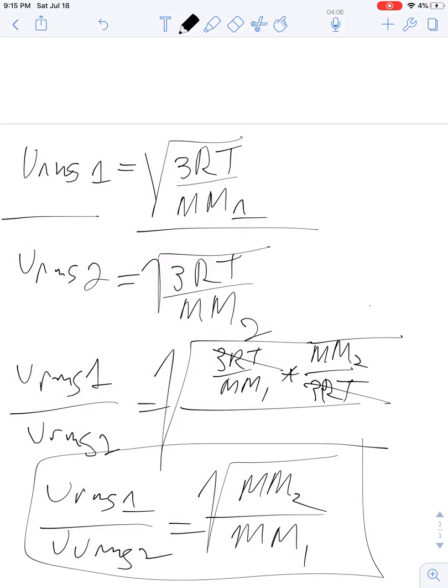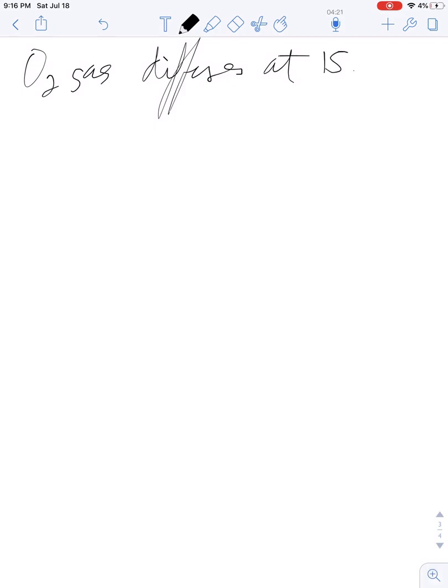So let's use that equation and do an example. Let's say oxygen gas diffuses at 15.1 meters per second at 25 degrees Celsius.